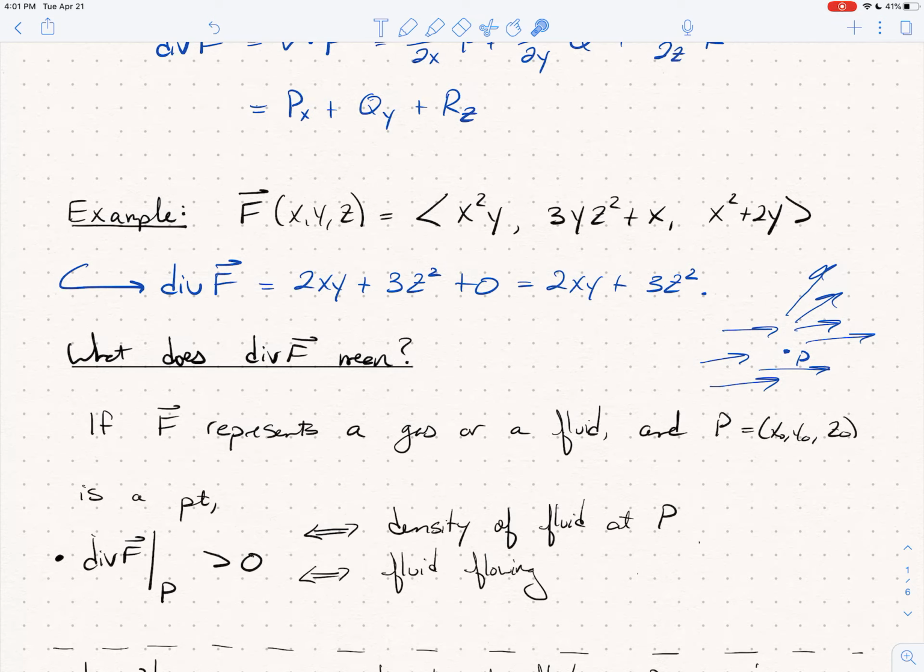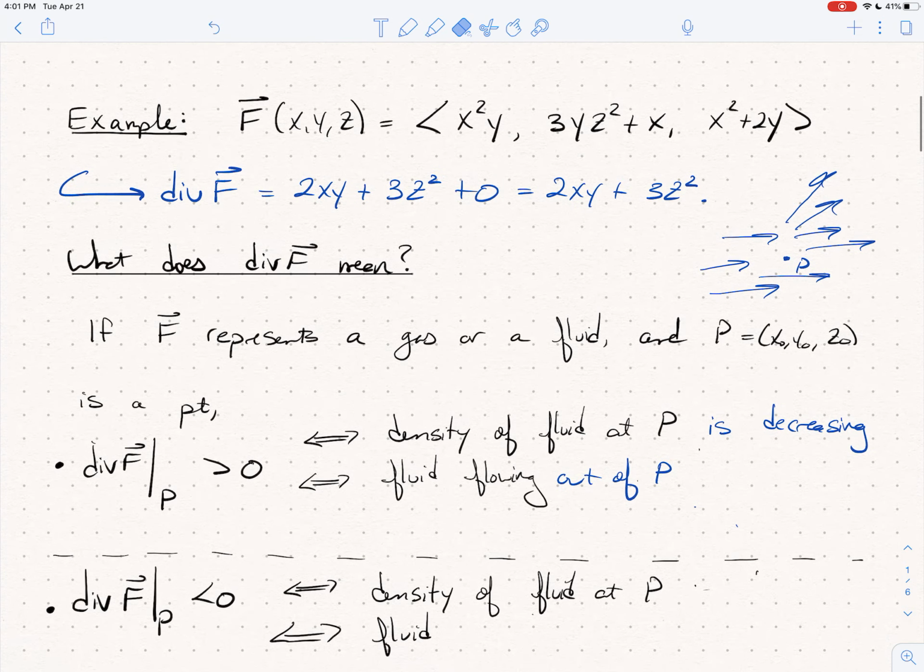It's measuring the tendency of the fluid to diverge, to disperse. So when the divergence is positive, the density of the fluid at P is actually decreasing. It's getting less and less. And so here the fluid is flowing out of P. It's almost like there's a spring and the fluid is just flowing away from that point. All right, that's when the divergence is positive.